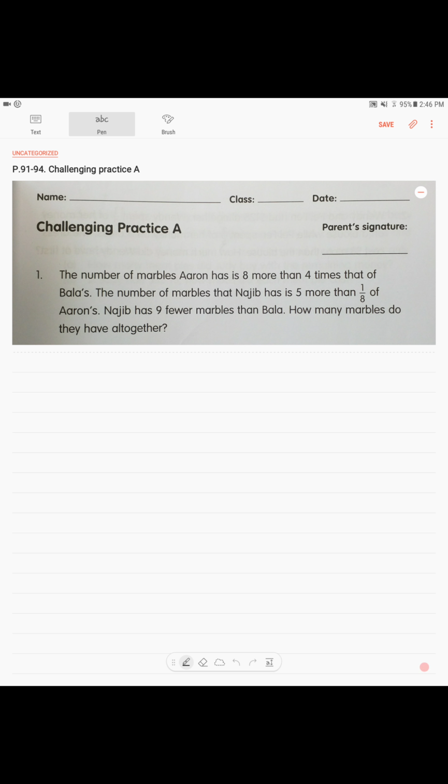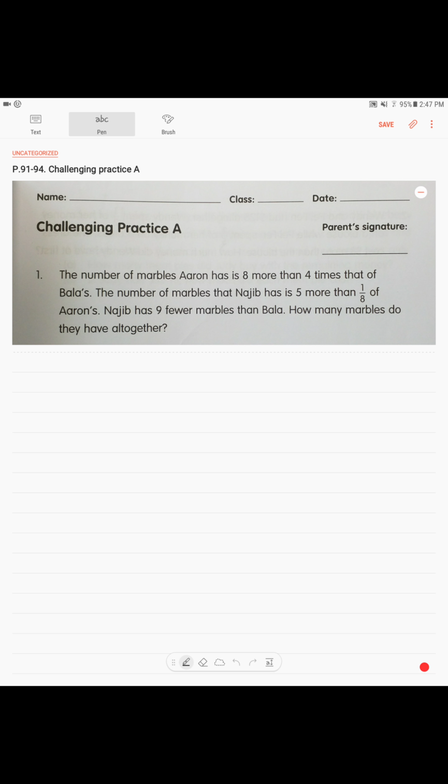Right, again, if you want to understand this problem properly, you need to draw the model well. So, we have 3 kids. We have Aaron, Najib, and Bala, right?